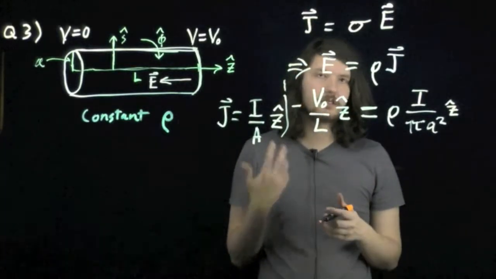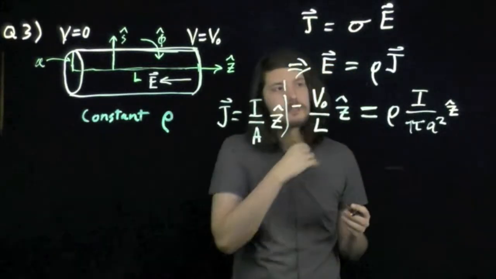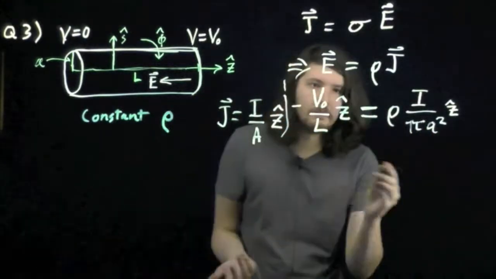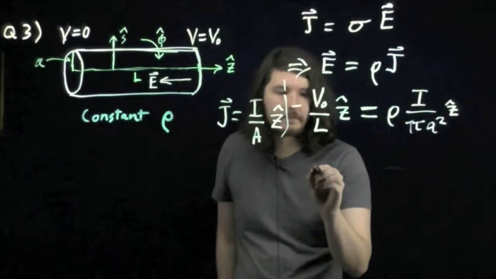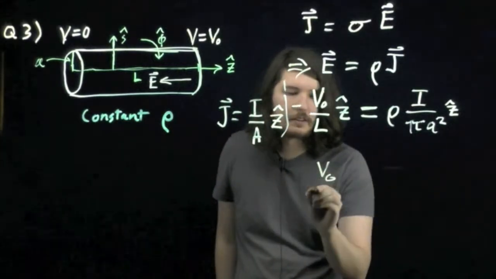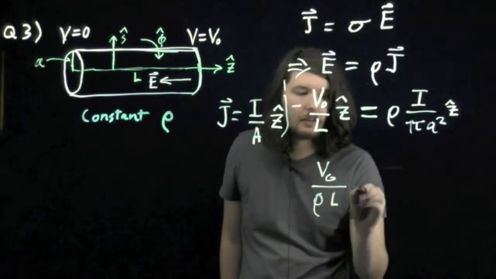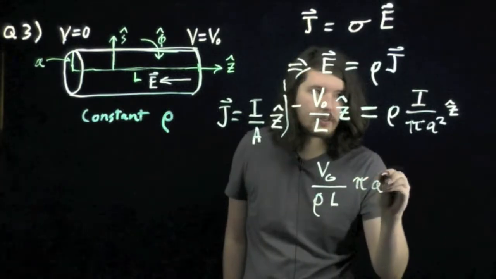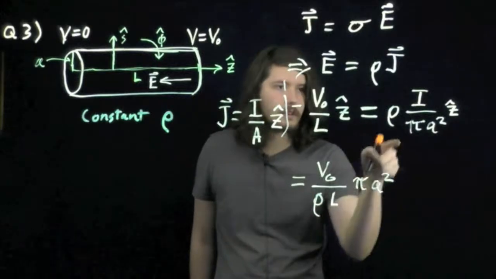If you want to get the magnitude of the current, by this point it's just algebra. So you just rearrange, and you find that V naught is equal to rho over L times pi a squared.